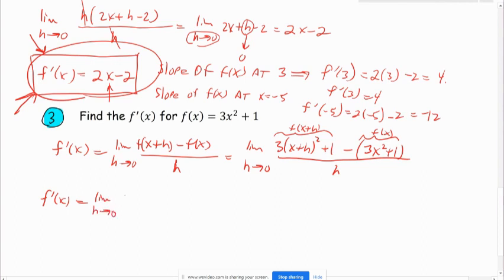And so if I expand the top, that is 3 times (x squared plus 2xh plus h squared) plus 1. Sorry, this is going to get multiplied by 3, and then add 1, and then minus 3x squared minus 1, over h.